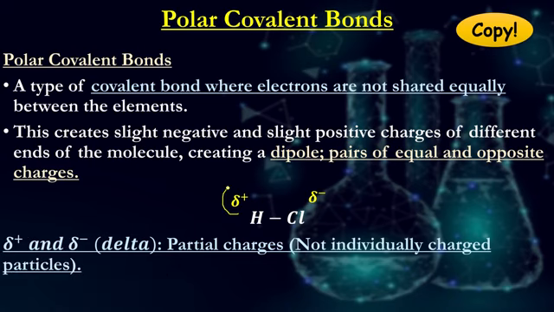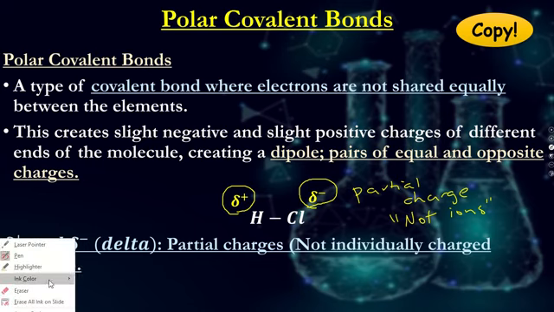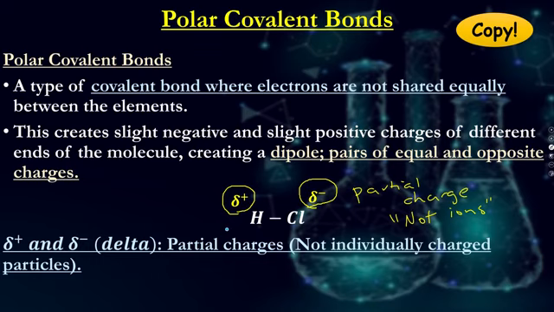So what we have here, these are called your partial charges. These are not particles, so they're not ions, so they're not charged particles. What you can also see here is if I try and draw it out in terms of electron density, maybe I'll use a light blue color.